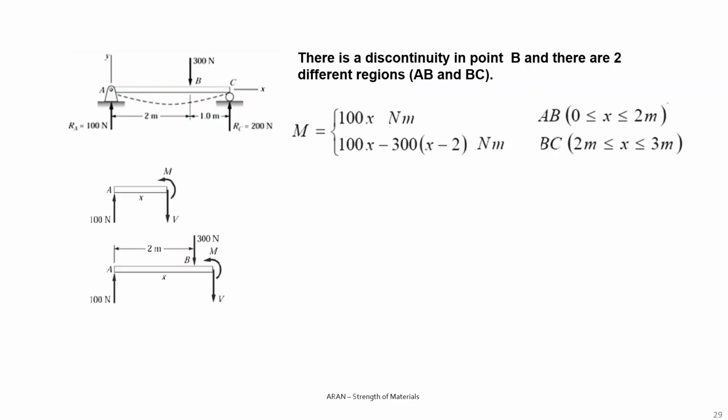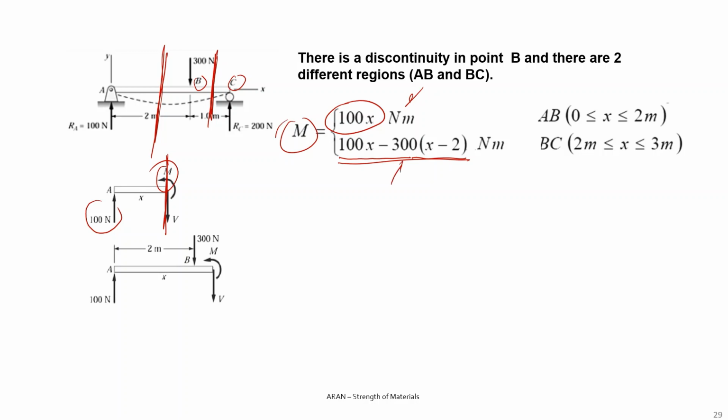When I cut in the first region, taking the left side, this M can be written as 100x. When I cut on the segment BC, the expression of the moment will have this form. So we have two equations for the moment: for 0 to 2 meters, region 1, and from 2 to 3 meters, the second region.